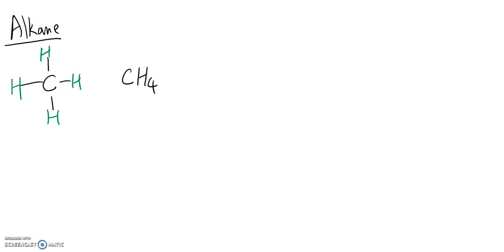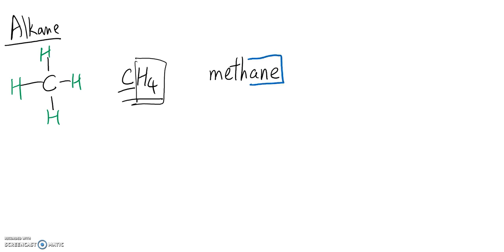Or sometimes we refer to this CH4 also as the structural formula, because this means that this carbon is attached to 4 hydrogens. So for this compound, we have a common name. We call it methane. Methane, A-N-E, refers to the homologous series alkane, A-N-E at the back.